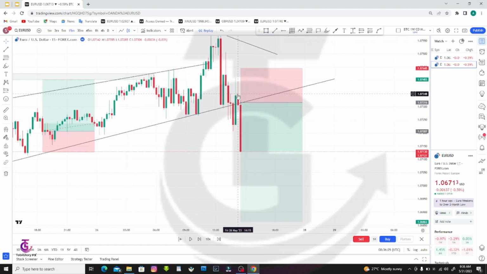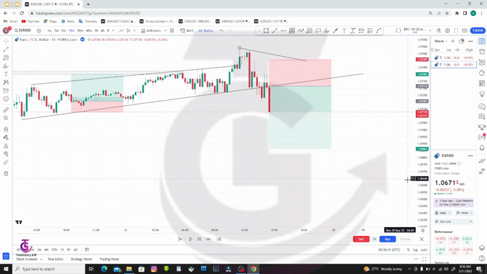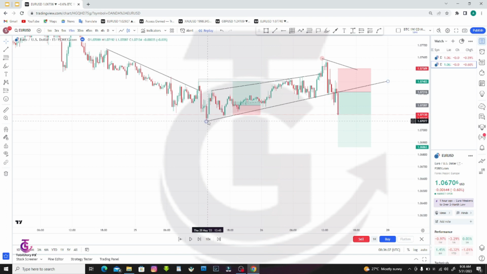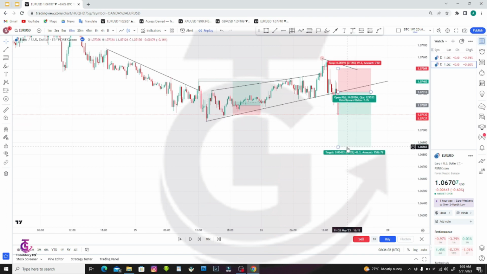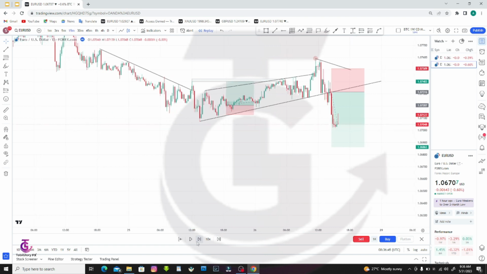This is the rejection, the confirmation candle, then your stop loss at the back. Then you target this first and the nearest support you are targeting.